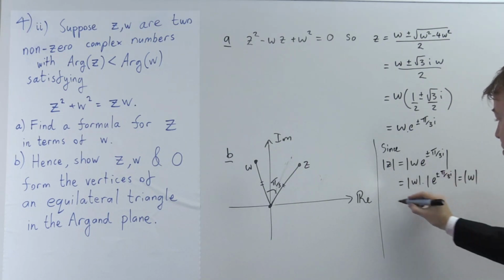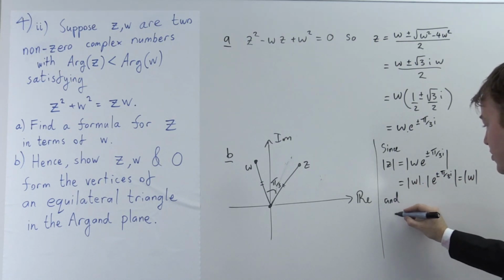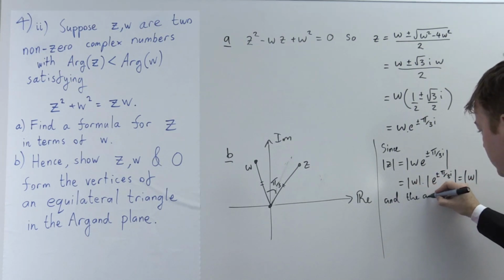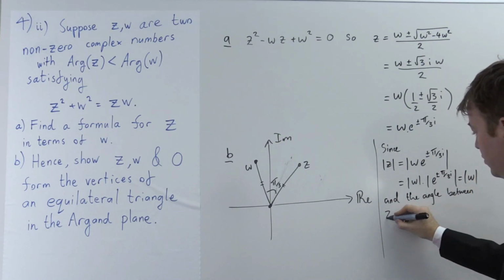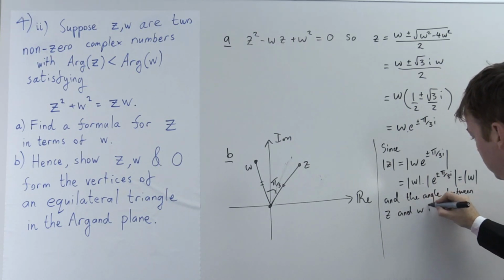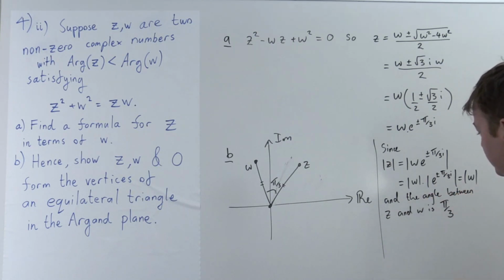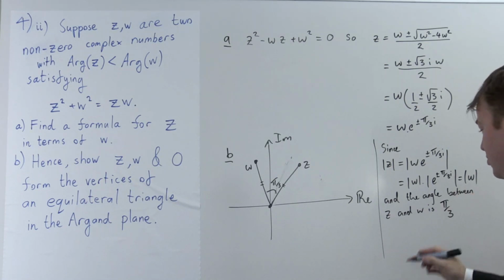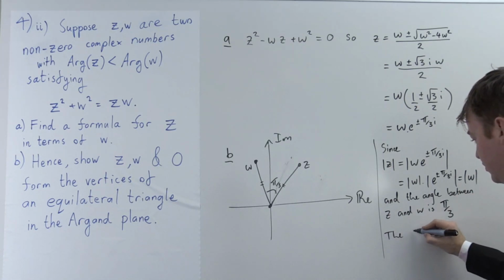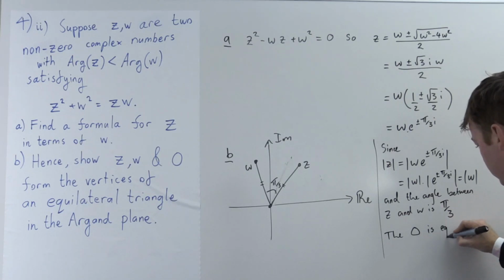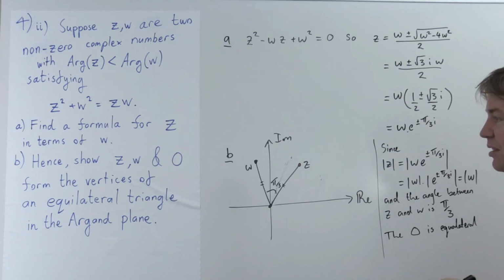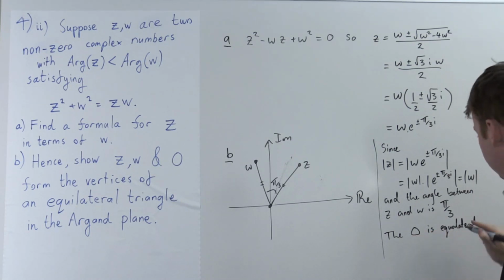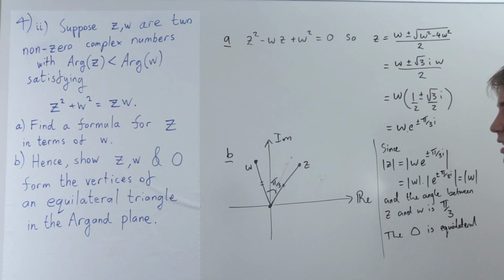Since mod z is equal to mod w and the angle is pi on 3, the triangle is equilateral. I can't spell equilateral. Okay, yes I can. I can copy it off what you wrote. There you go. Equilateral.